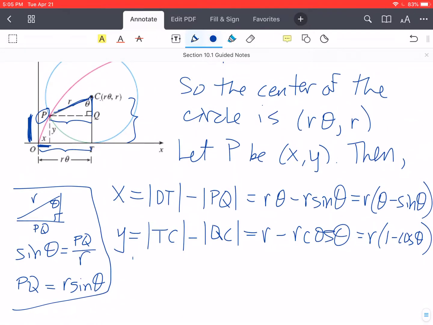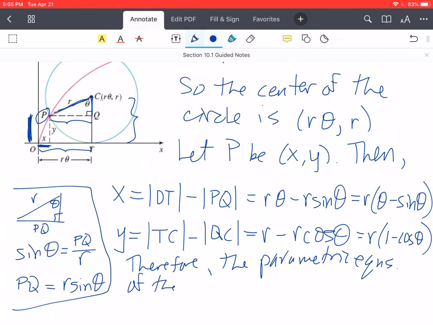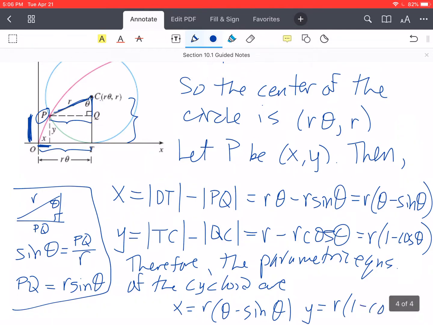So therefore, the parametric equations of the cycloid are x equals r times theta minus sine theta, and y equals r times 1 minus cosine of theta.